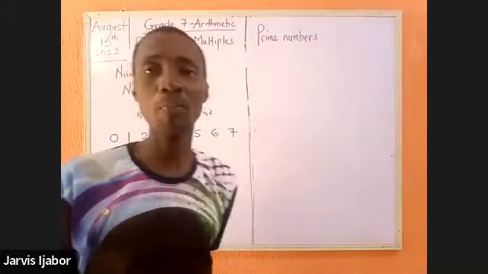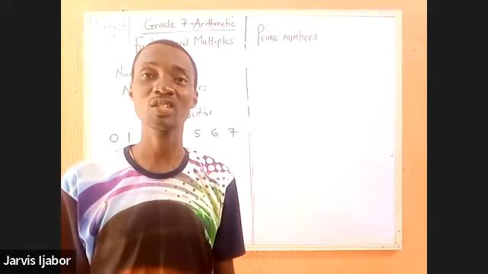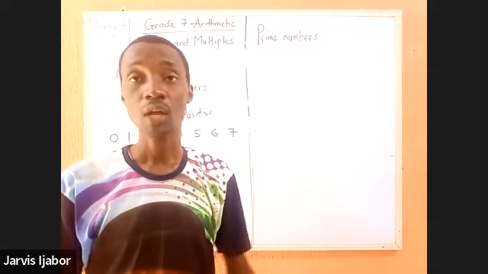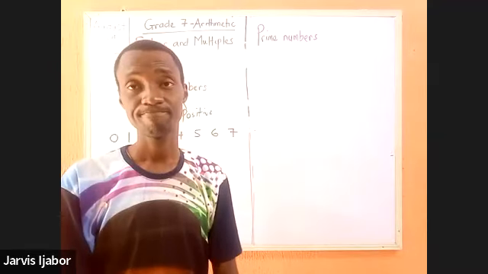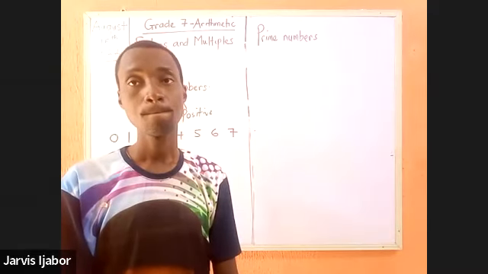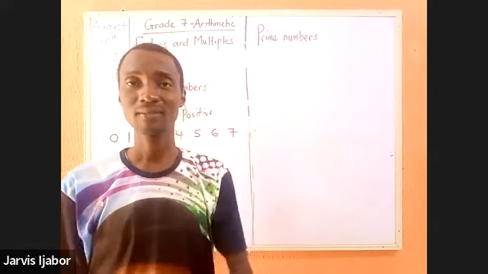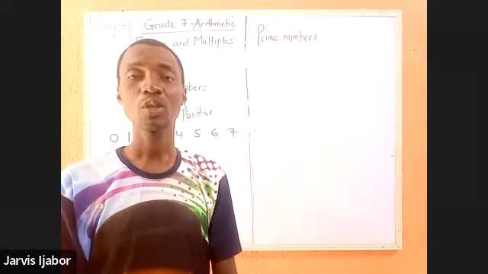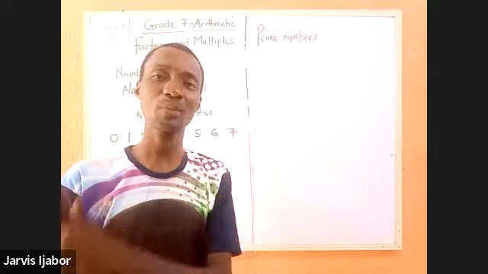Now, prime numbers. What are prime numbers? You've been told that prime numbers are essentially numbers that have 2 factors. What are these factors? 1 and itself. A prime number is any number that has 2 factors, 1 and itself. Sometimes some writers would argue and say, let's keep 1 away.